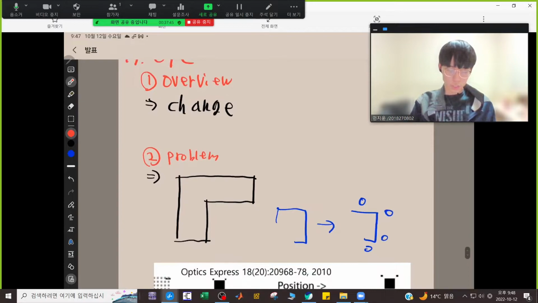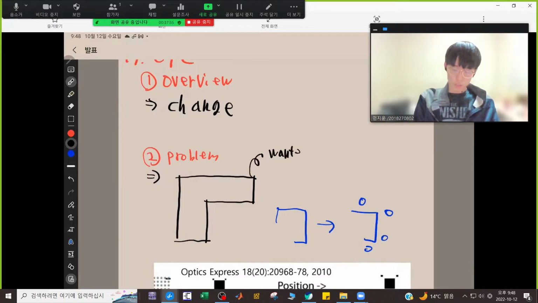So if you see this pattern, this pattern is a wanted pattern. So this one is also a mask pattern.